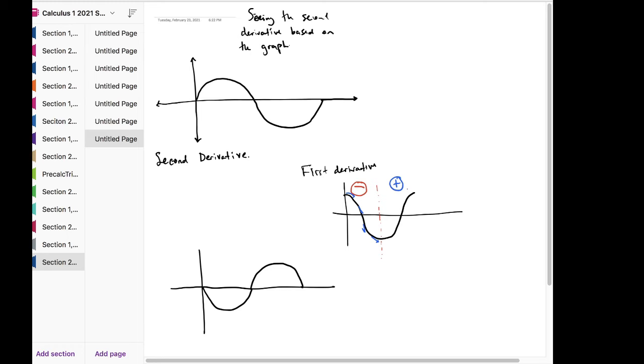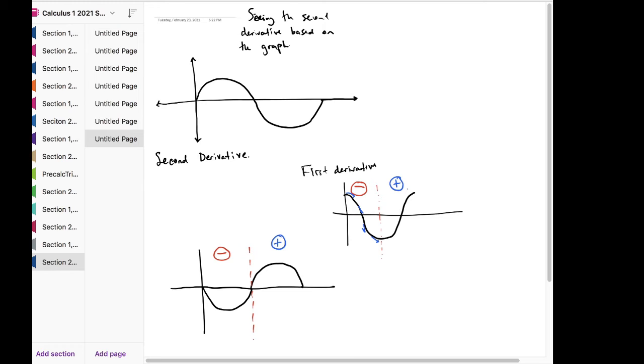That's why this is negative, and this is positive. If the derivative is negative here, that means we're below the x-axis. If the derivative is positive here, that means we're in the positive part of the plane.